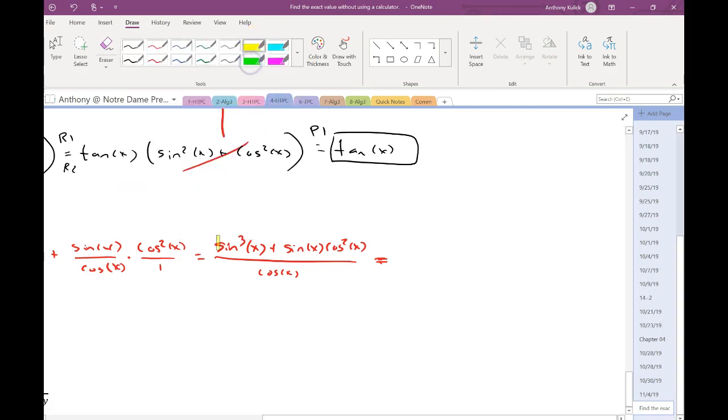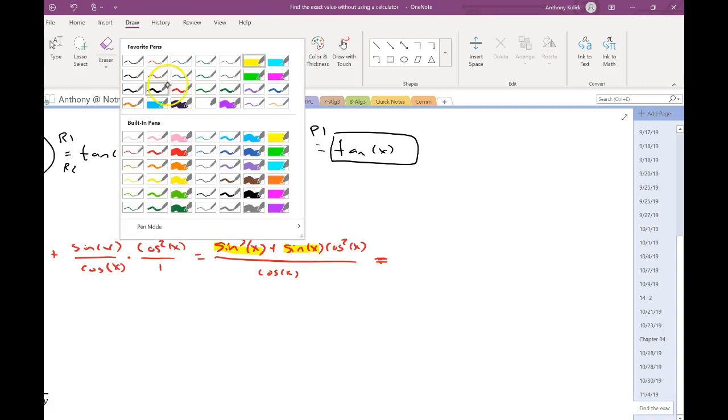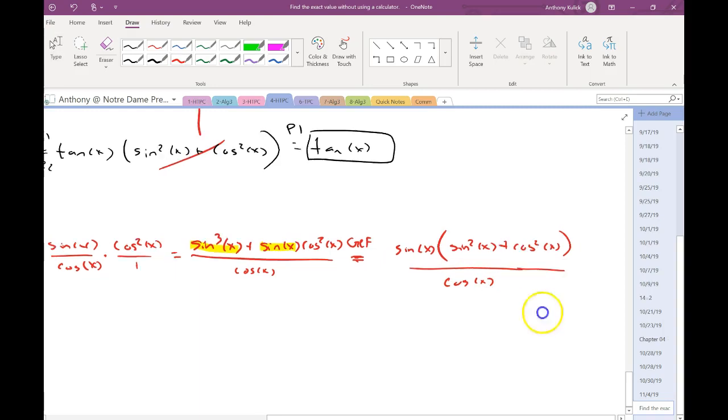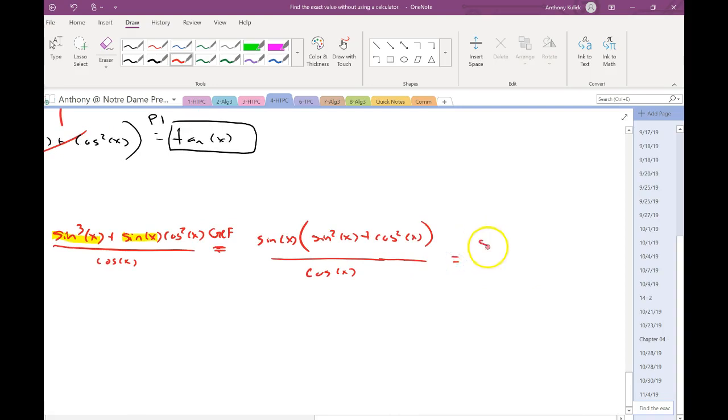How many of you see a greatest common factor in the numerator? That's what you need there. It was an algebra step, not a trig step. Yes. And then sine over cosine is tangent.